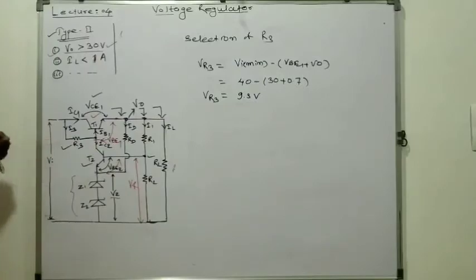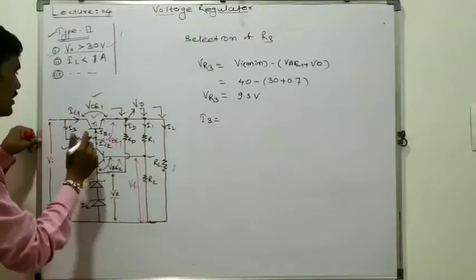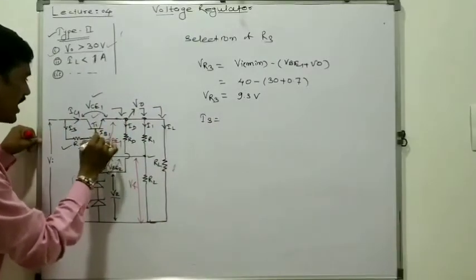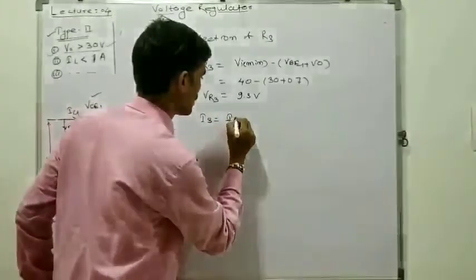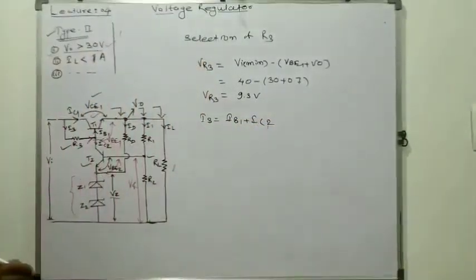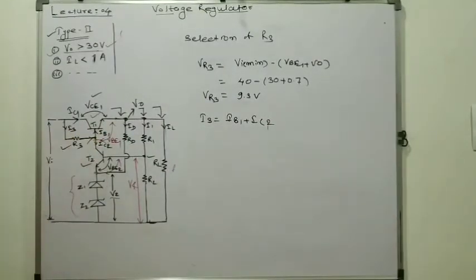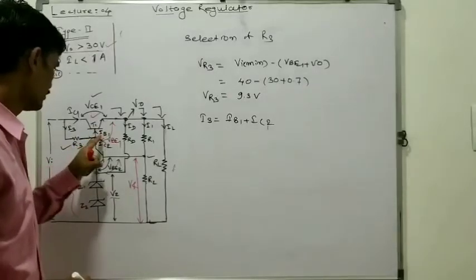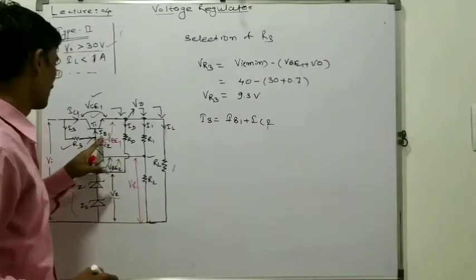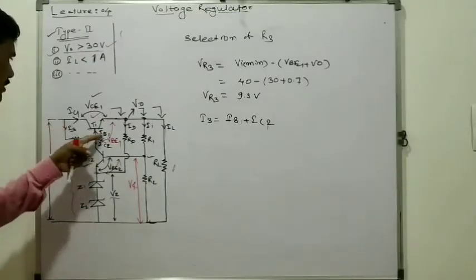Again we have to calculate I3. I3 is divided into two parts, that is IB1 and IC2. So this is IB1 plus IC2. We know the value of IC2, but we don't know the value of IB1. But we have beta, and we know the value of IC1, so from IC1 we can calculate IB1.